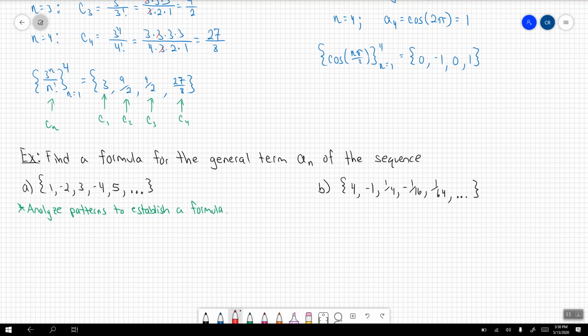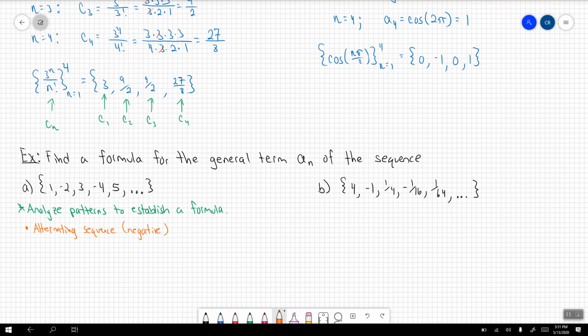Now, one of the first things you're going to notice, and I'm going to write these noticeable things in orange, is that this negative is kind of alternating. This negative skips one term and then the next term becomes negative, skips a term in the middle, next term is negative, skips it, and then the next one is going to be negative. So we get an alternating sequence, which means we're going to have a negative value in there somewhere.